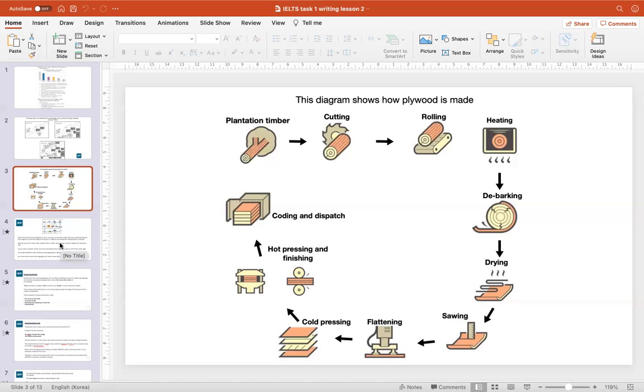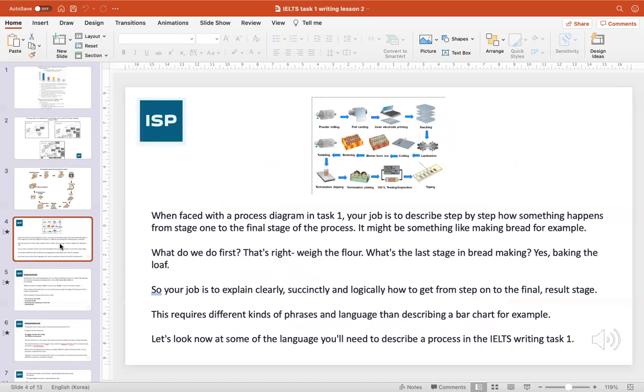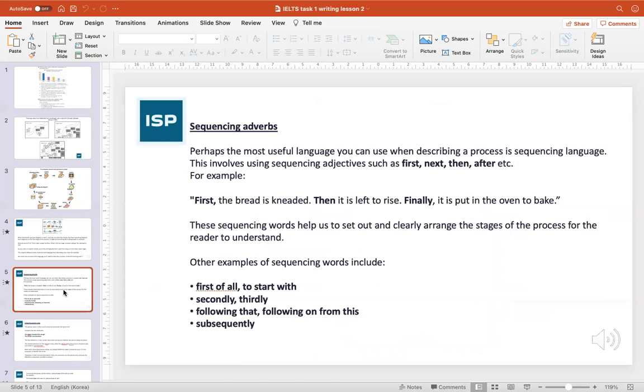Another thing to bear in mind is the grammar that you'll be using. Sequencing adverbs is something that you want to be aware of. I'm sure you're already aware of it.